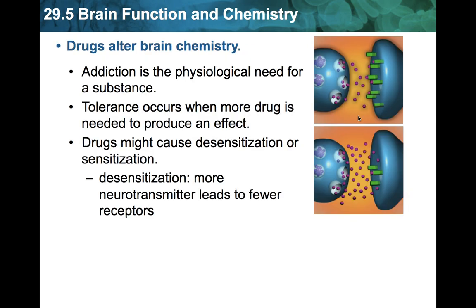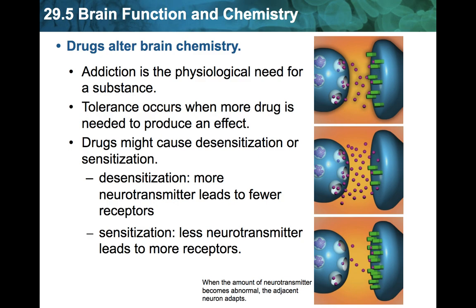Drugs can alter brain chemistry as well, whether these are prescribed drugs or illegal drugs. Addiction is the physiological need for a substance, and this could be an actual drug type substance. So an illegal drug can cause an addiction.